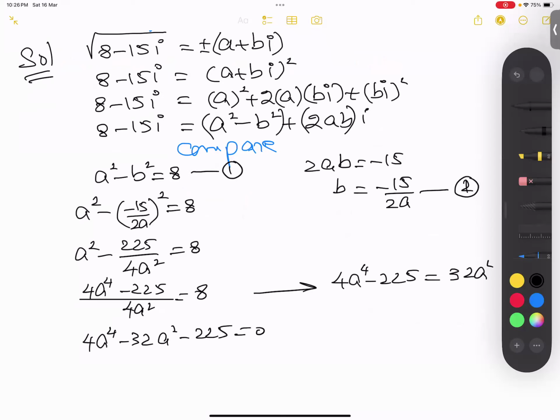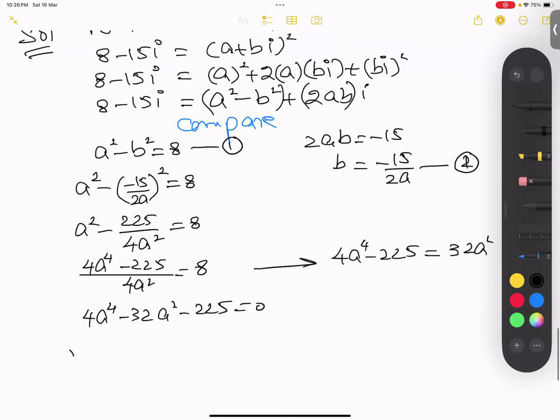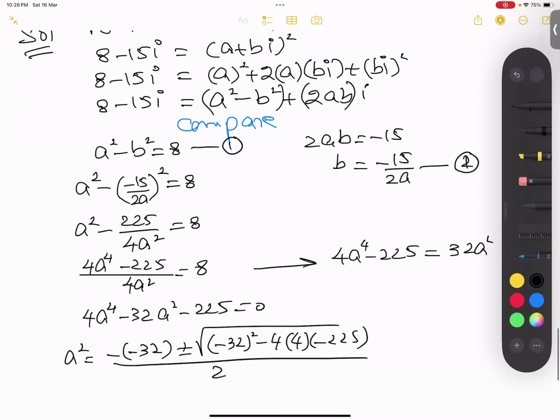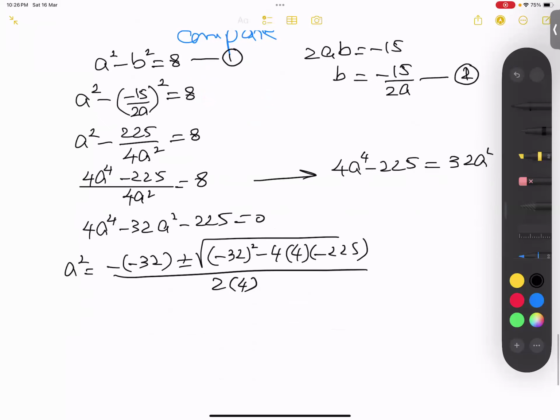Now I can check it if I apply the quadratic formula. So a square is equal to -b plus and minus root of b square minus 4ac, divided by 2a. No need to show further working, directly answer from here.